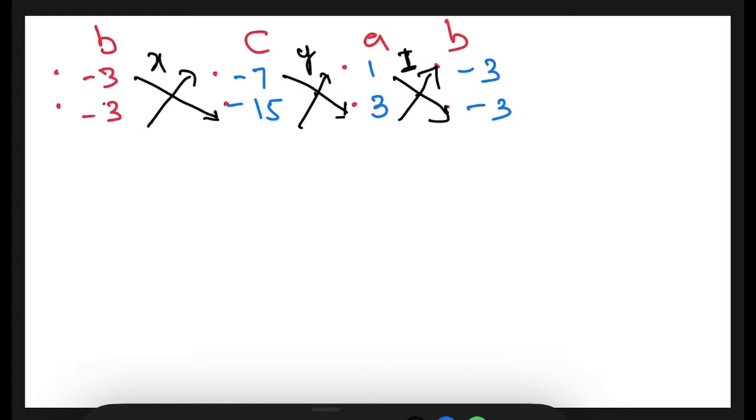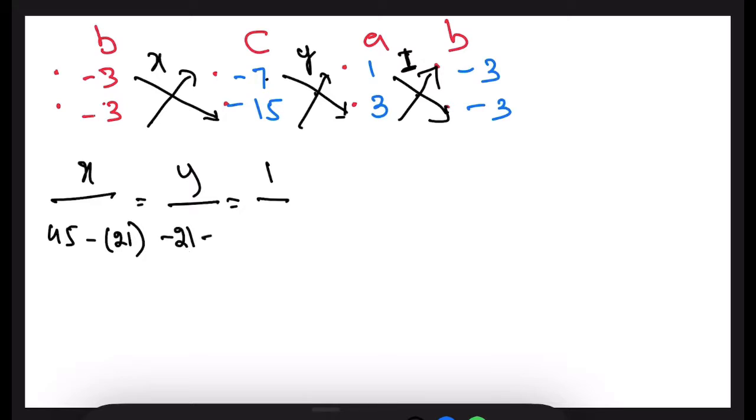Now again, x, then y and 1 upon, equal, then multiply: minus into minus is plus, 45 minus, so this one will become minus into minus is plus, that is 21. Then for y, from top to bottom, plus into minus is minus 21, again going back, minus 15, minus into plus is minus 15.